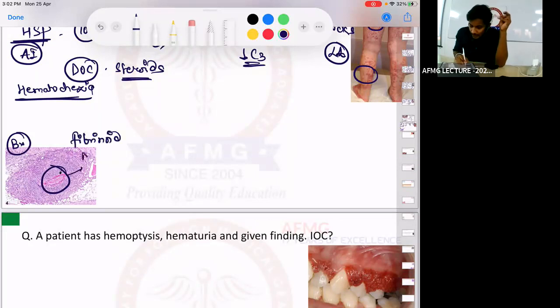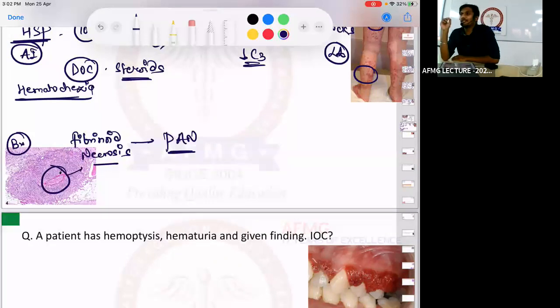So fibrinoid necrosis in vessel wall is suggestive of which vasculitis? क्या बोलना चाहते हो? Fibrinoid necrosis in vessel wall is suggestive of polyarteritis nodosa. It is a medium vessel vasculitis, guys.